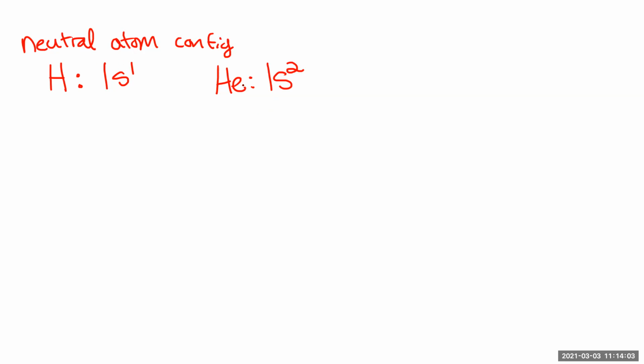Helium has a second electron to balance its neutral atom with the 2 protons in that nucleus. So you've got an n of 1, a subshell s, and now 2 electrons in that subshell: 1s2. The next, of course, is lithium, and since lithium has not 2 electrons but 3 electrons, we have to go up to the next n value of 2.